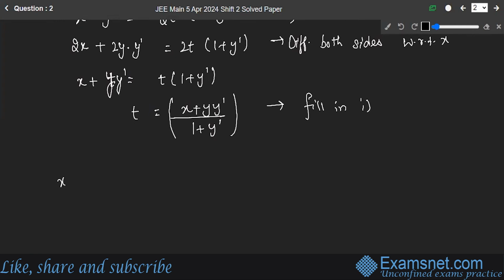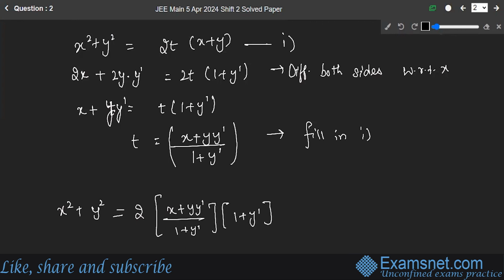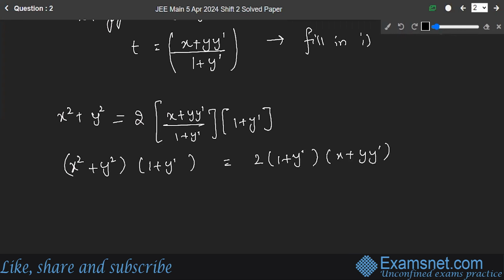You will have x square plus y square is equal to 2 into this into this. Multiplying both sides by this 1 plus y dash, it is equal to 2 into (1 plus y dash) into (x plus y into y dash).